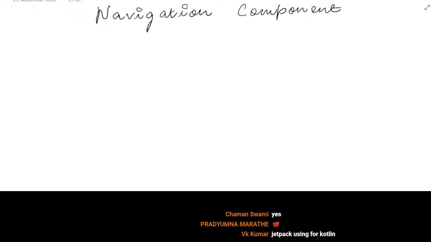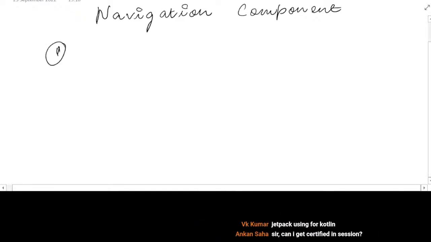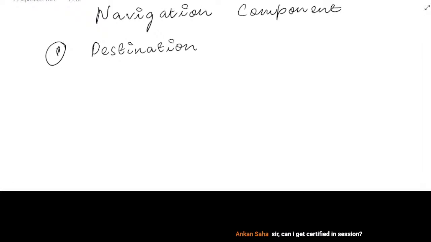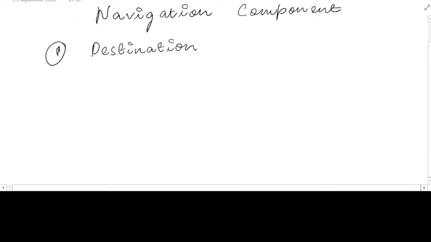We are starting with some concepts. The first concept in the navigation component is the term destination. A destination is a very simple term to understand because it is a place that we reach or a place that we come from. Here in the navigation component, a destination is nothing but our app's screen.